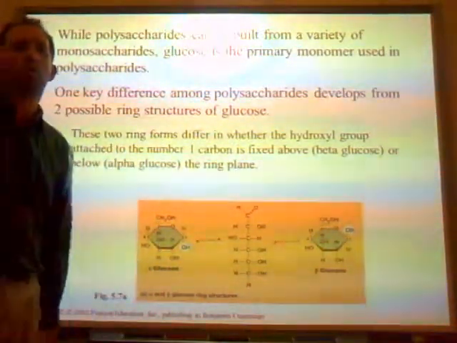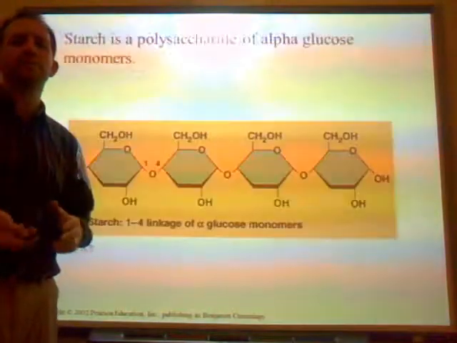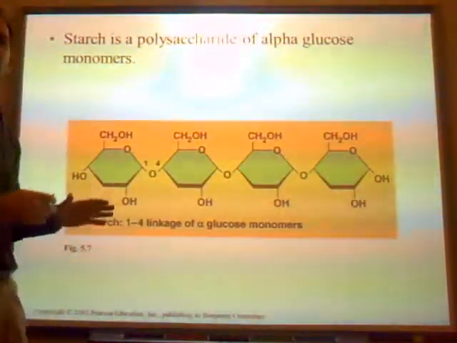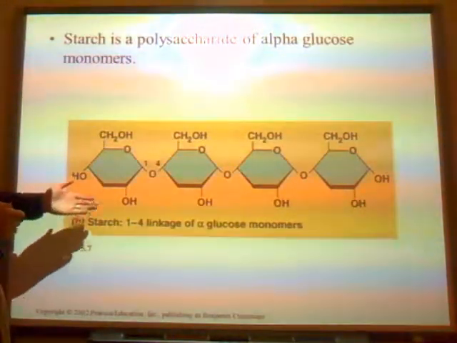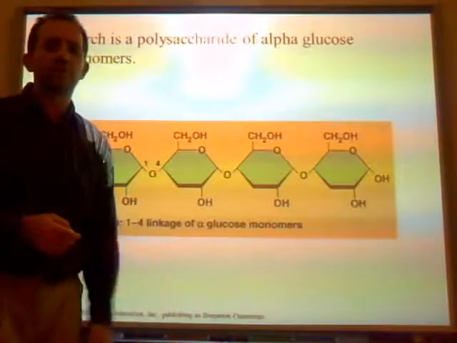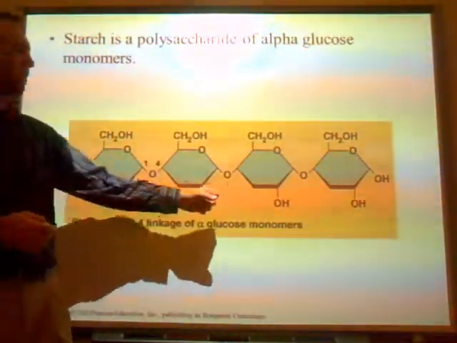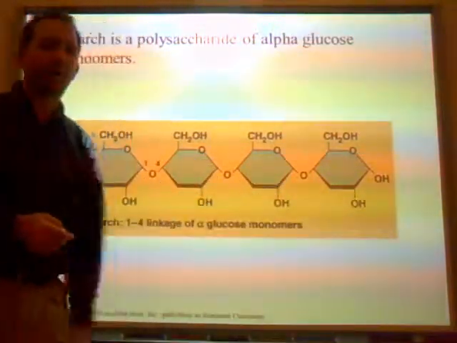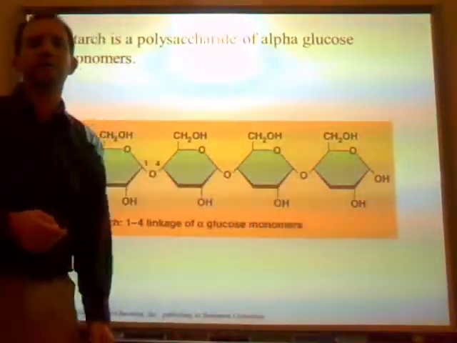Now don't get too lost on this, but simply all that's taking place in an alpha ring versus a beta ring is how the glucoses line themselves up. So for example, here we have starch, which is a linkage of alpha glucose monomers, and what you're going to notice here is the hydroxyl groups are on the same side. So as you look at these, they are basically the same thing that is linked together as they go across.